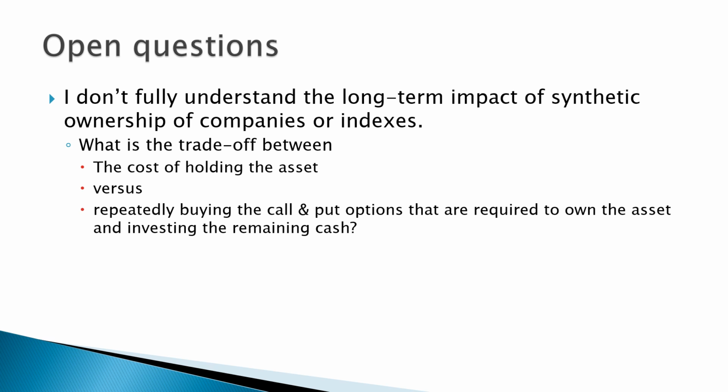So I don't understand the pros and cons of both approaches, and especially I don't understand them statistically. What happens in markets which over the long term increase in value? So that's one thing I'm going to study.